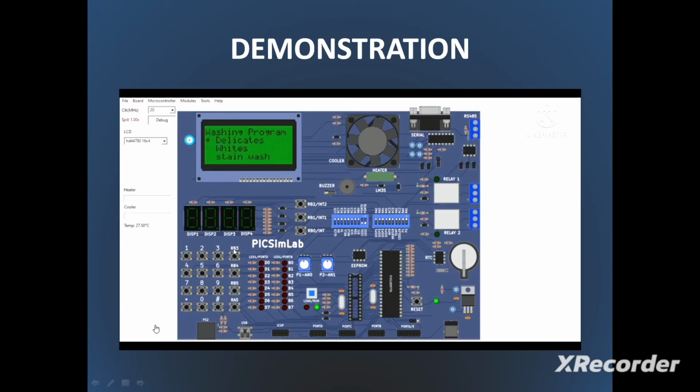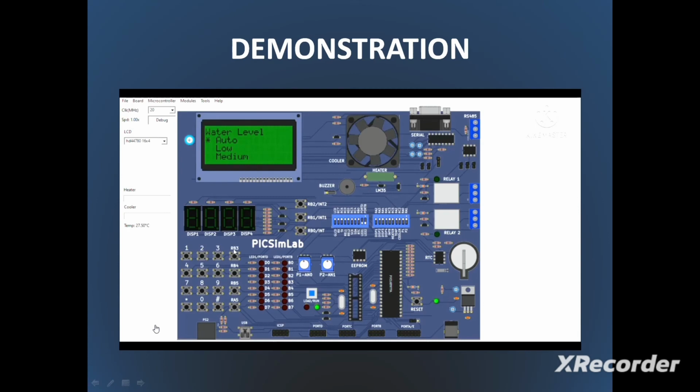Here we will select the delicate option. For selecting the same, we have to press the key RB3 for a long time. After selecting a washing program, we have to select the water level now.